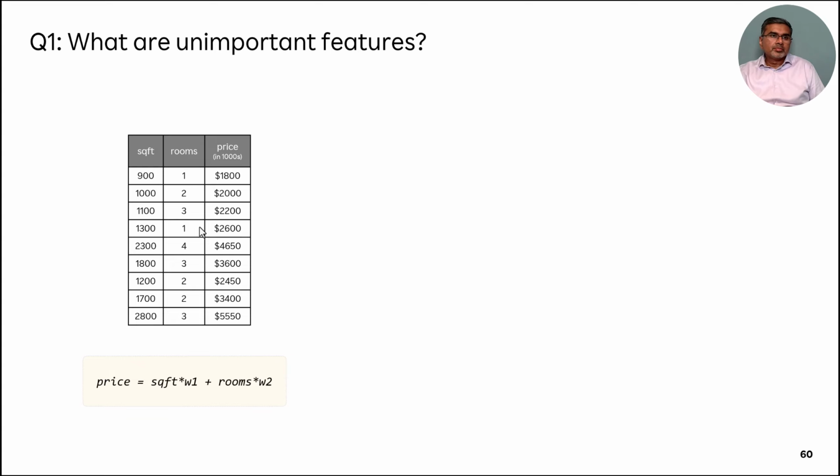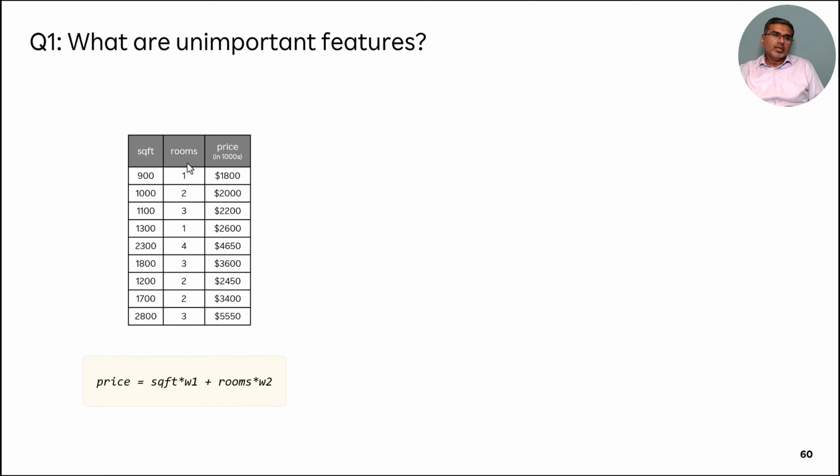Now, if you inspect this data, you notice that the price seems to be directly correlated to the square feet and very little or not at all with the number of rooms. For example, 900 times 2 is 1800, 1000 times 2 is 2000, 1100 times 2 is 2200, and so on.